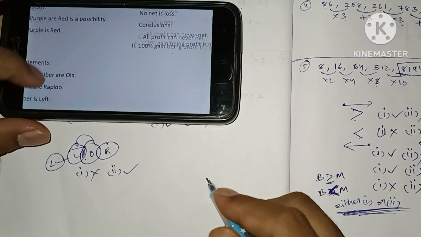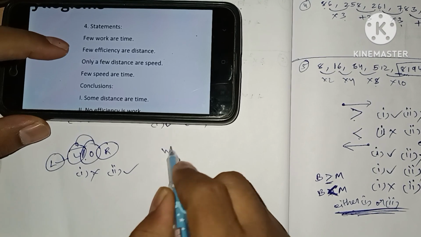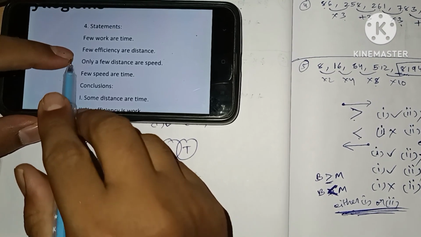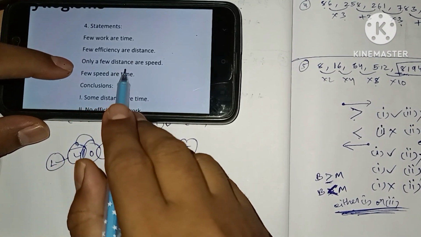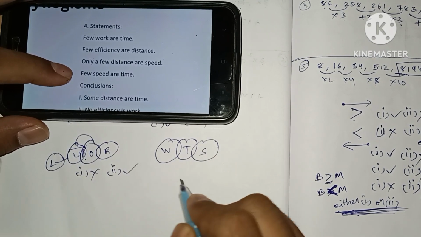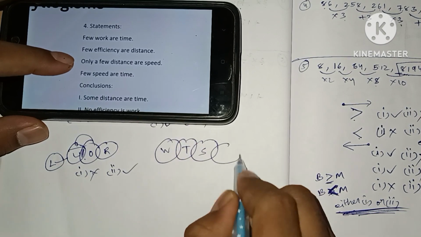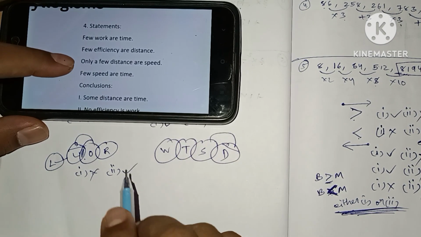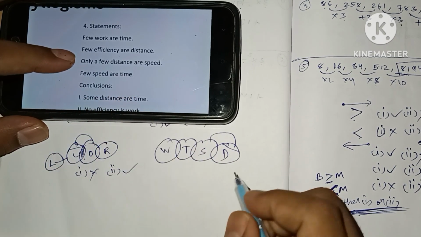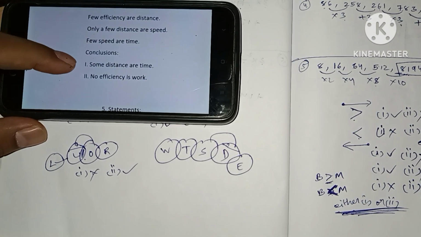Now we are going to see question number 4. Few work are time, few efficiency are distance, only a few distance are speed, few speed are time. Let's see conclusions.